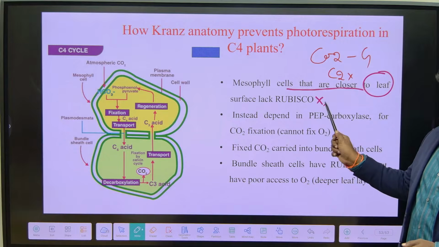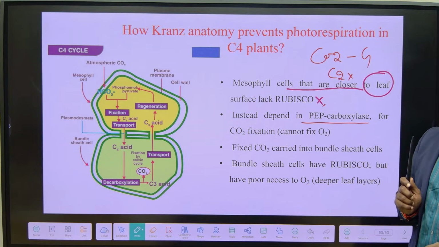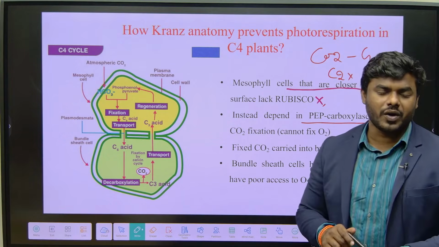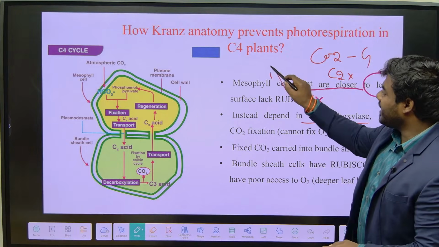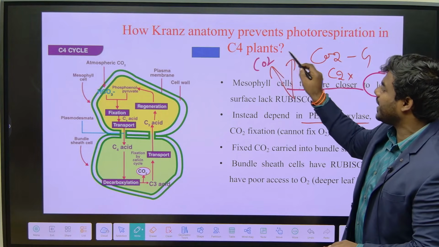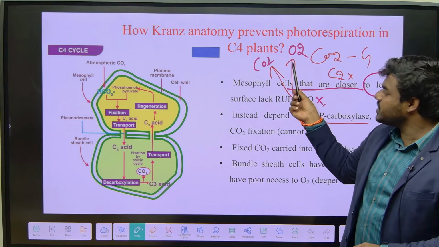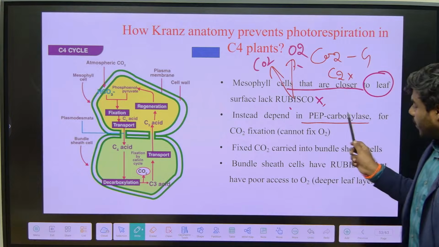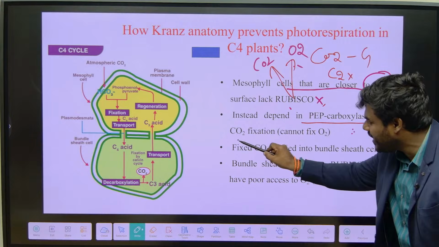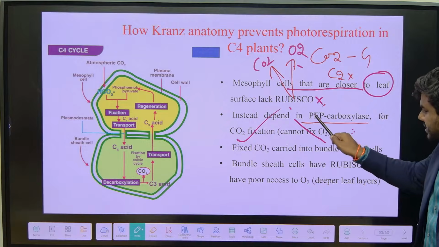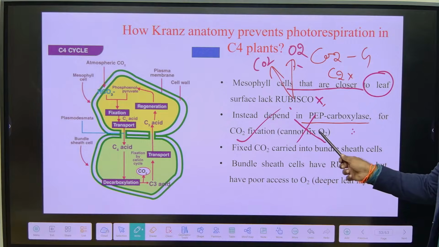Instead of Rubisco they have PEP carboxylase. What's the advantage of PEP carboxylase? Rubisco can fix carbon dioxide, but it can also fix oxygen. This is one demerit of this enzyme. But what about PEP carboxylase? It can fix only carbon, it cannot fix oxygen. Right, that is the advantage here.